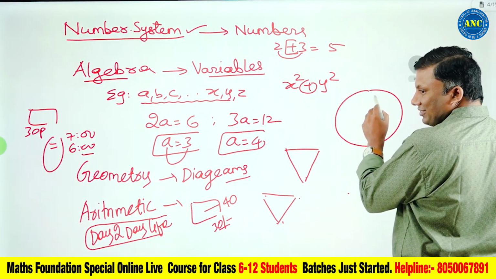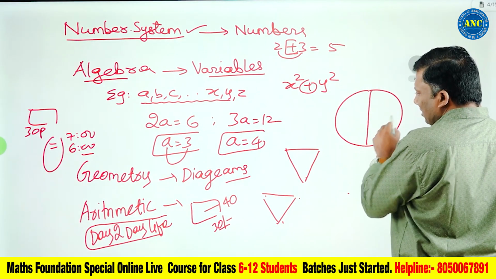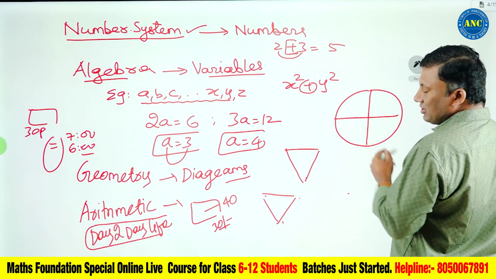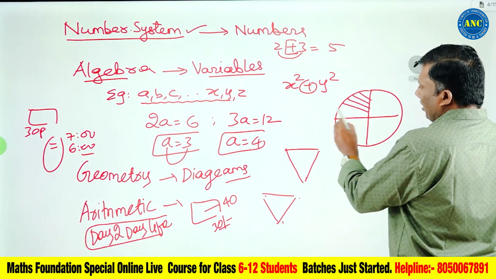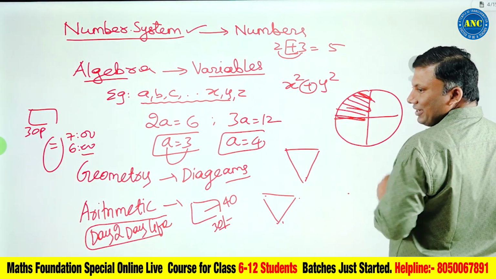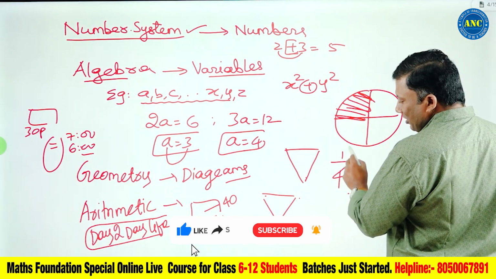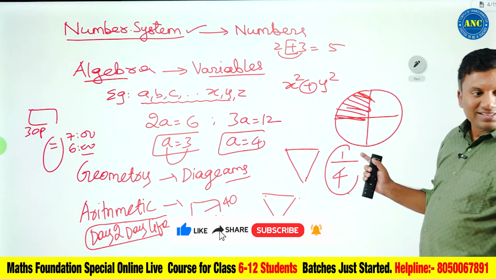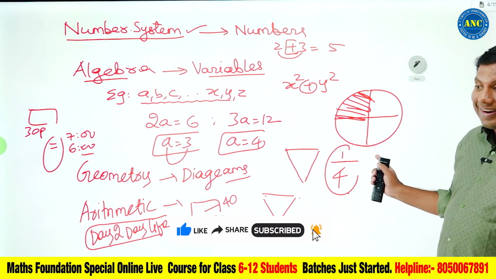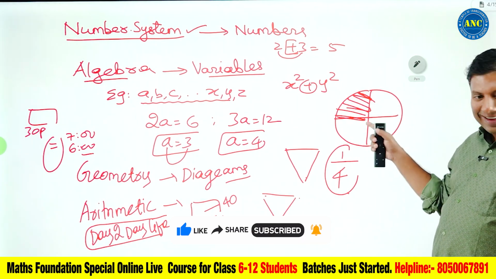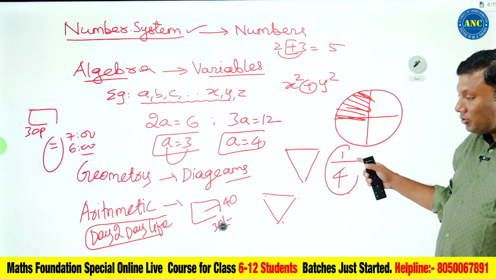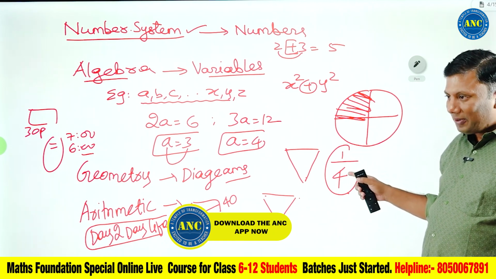Rayansh likes pizzas, right? So a pizza is divided into 4 pieces. One piece you ate, out of a total of how many pieces? 4. This we call ratio. 4 parts are there. You ate one part out of 4 parts.